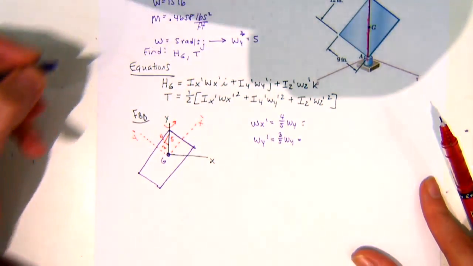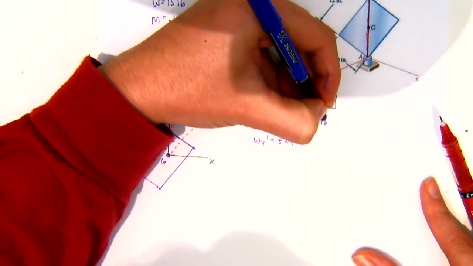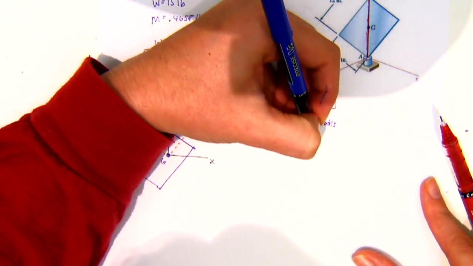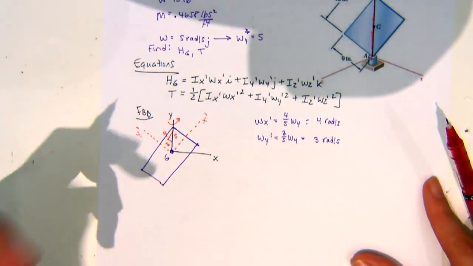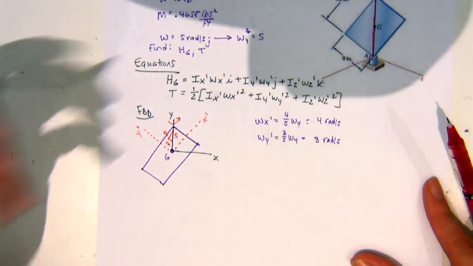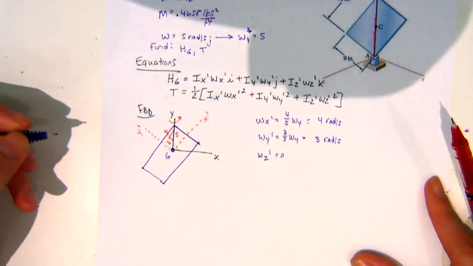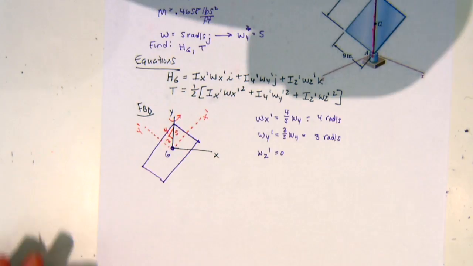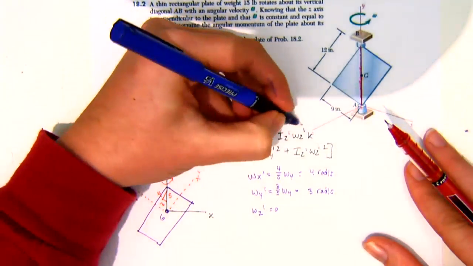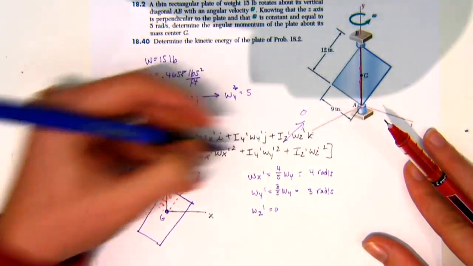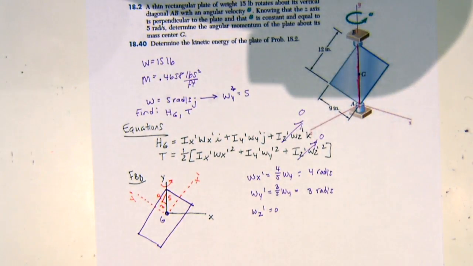So plugging in 5 for omega, you get 4 radians per second and then 3 radians per second. Since for this one we're told that z is acting perpendicularly, we can say that omega z prime is equal to 0. So we don't even care about it. So we can actually come back up here and simplify our equations. So I don't care about that component, and I don't care about that component. Good?